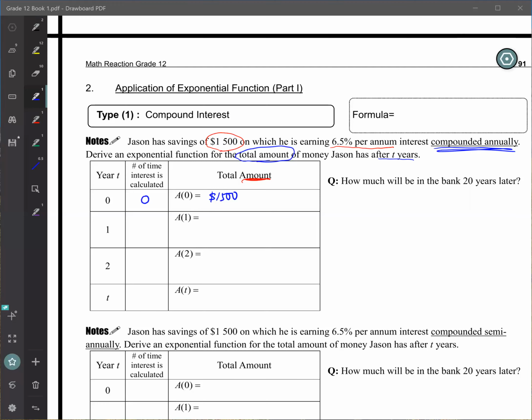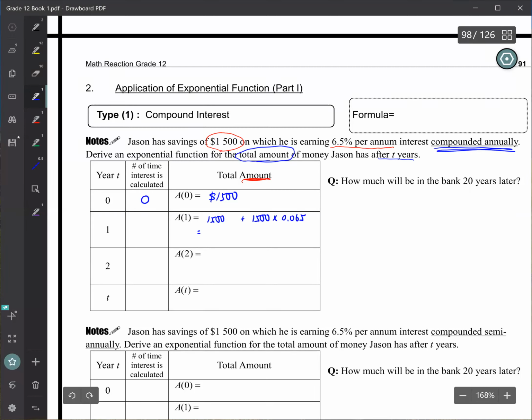Let's break it down a little bit slower. I will have to get the interest amount. You can take the 1500 multiplied by the interest rate 0.065, and that's the interest part, and you add it with the original. Then you can factor out the 1500.